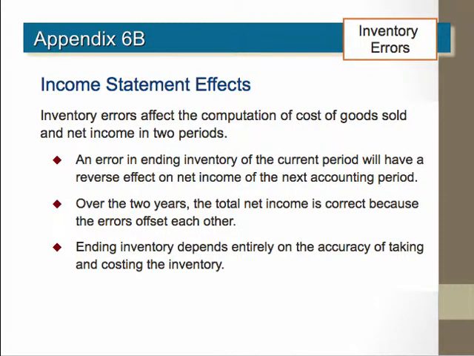So inventory errors affect the computation of both the cost of goods sold and the net income for multiple periods. If you make a mistake in the ending inventory in one period, the mistake will carry over into the next period as the beginning inventory in the next period. So in other words, an inventory error could affect two years, not just one.